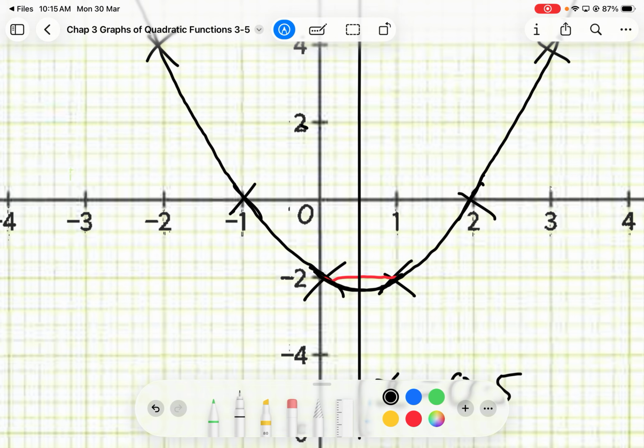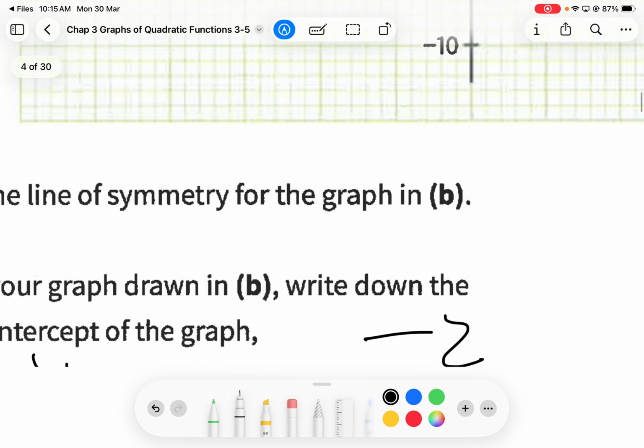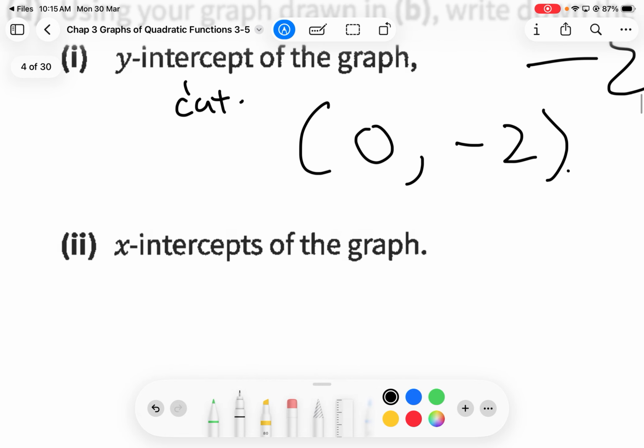When you were looking at linear function, it goes one straight line. So it only cuts the y at one point, it only cuts the x at one point. But this time round, because it curves, it cuts the x-axis at 2 points. So you have 2 x-intercepts. If you look carefully, actually the question also says plural.